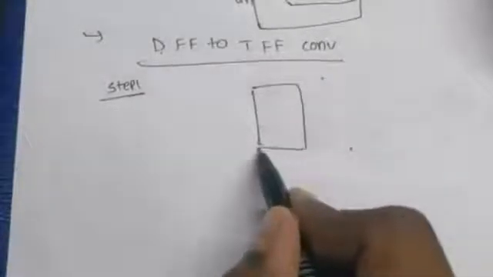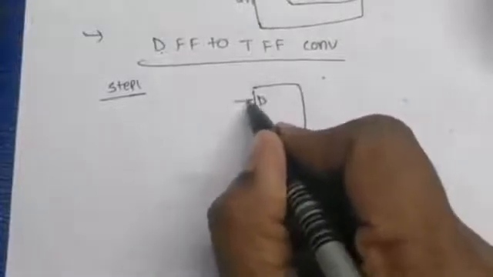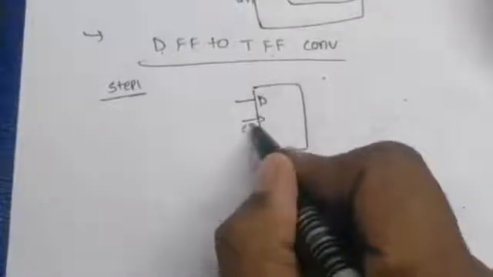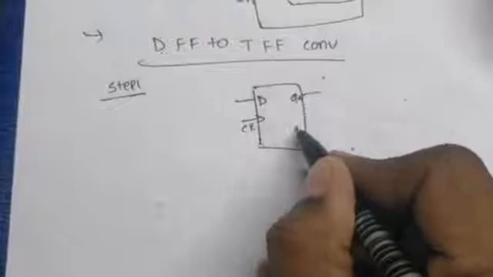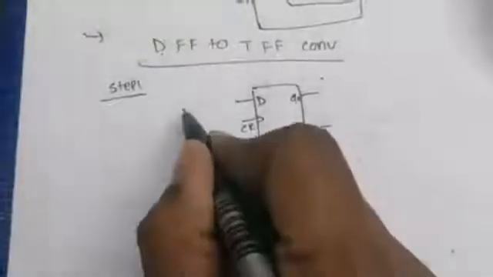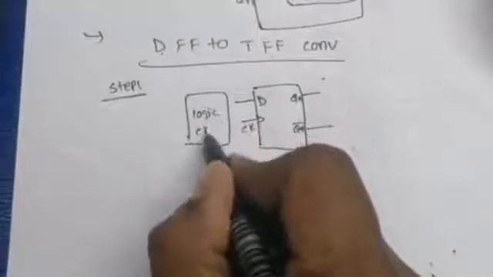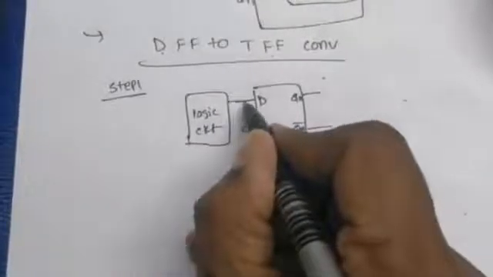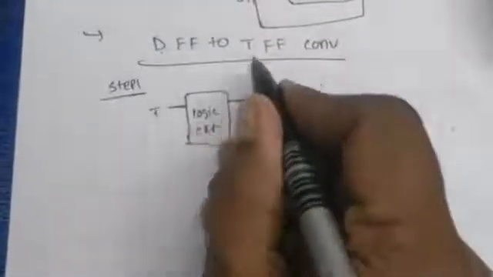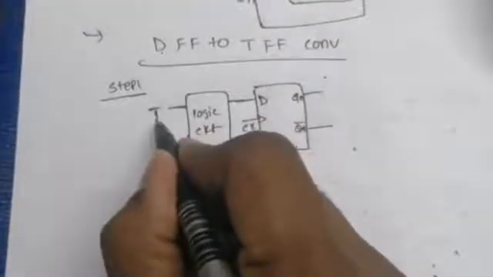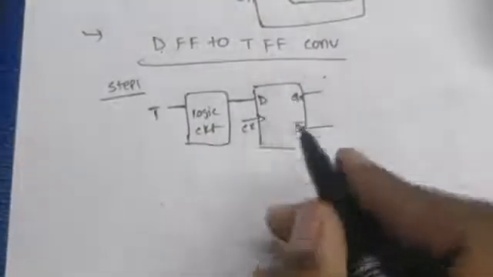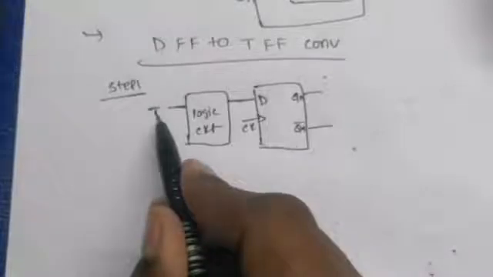So consider the D flip-flop: D is the input, there is a clock signal, and Qn and Qn bar are outputs. Some logic circuit is there, and after that the input is connected to T. The D flip-flop is the available flip-flop, and we have to convert it into T.